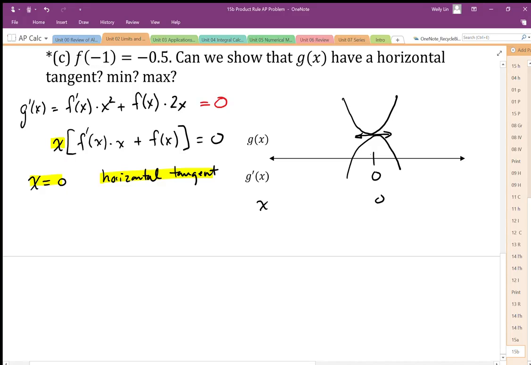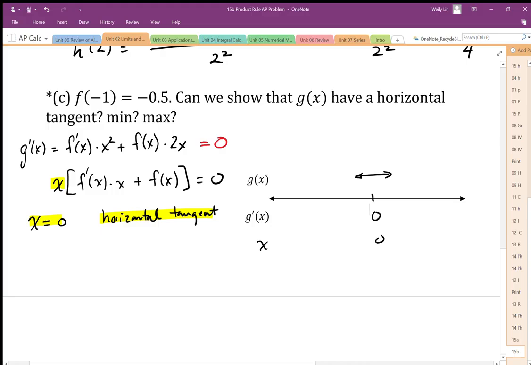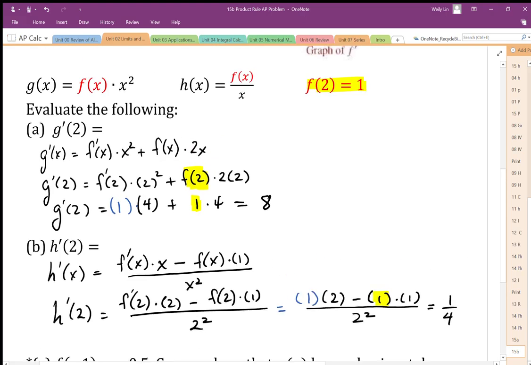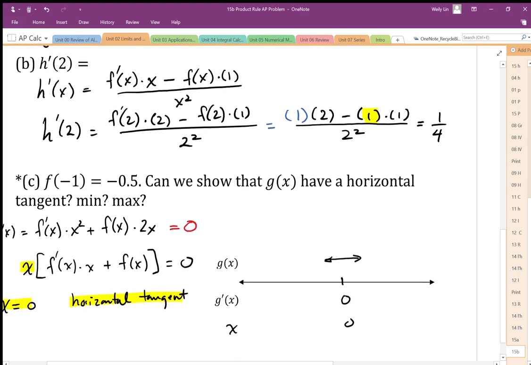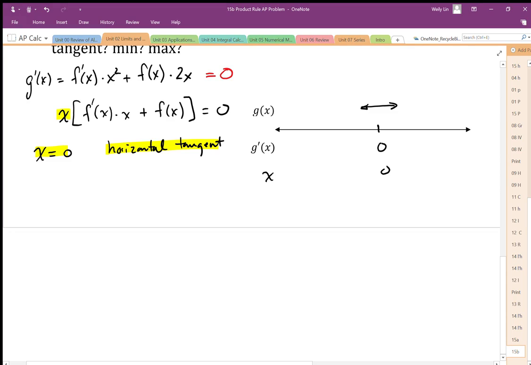We have this derivative, and all we really need to know is whether the slope is negative or positive on this side, and negative or positive on this side of the 0. Well, I have some points that I can test, because I've been given some information about the f function on the left side of 0, and some information about the f function on the right side of 0, which allows me to make some implications about the left side and right side of the g function.